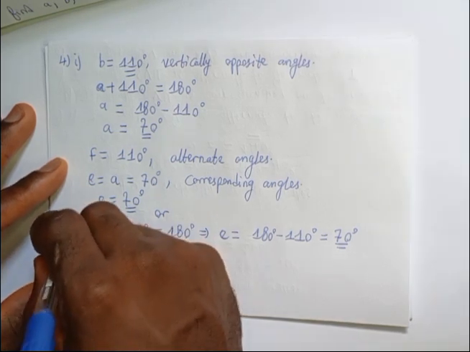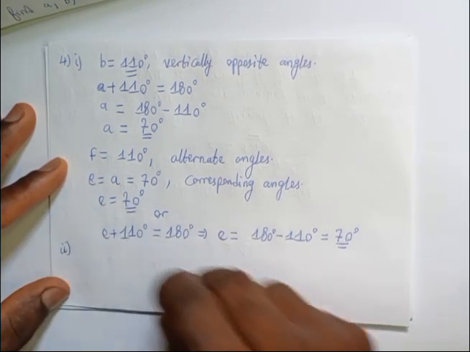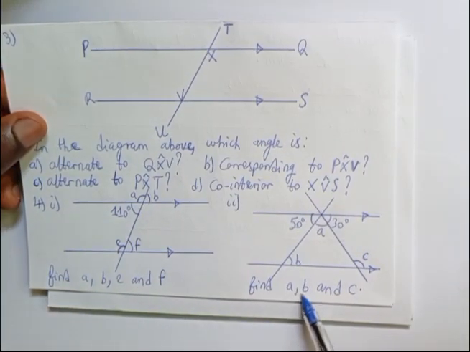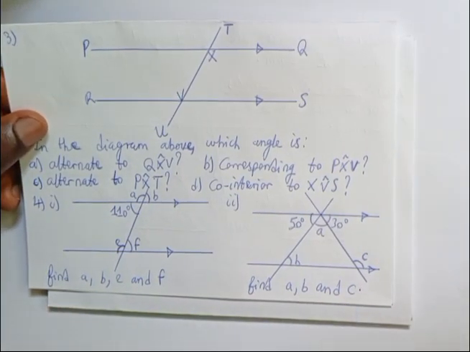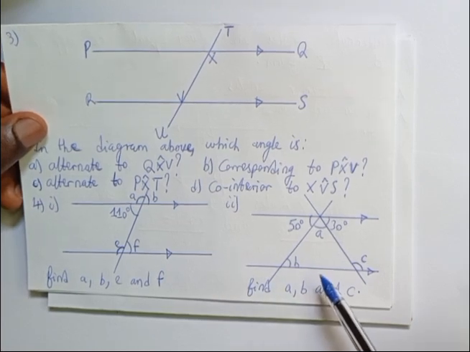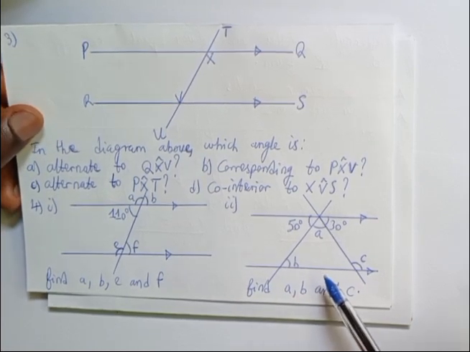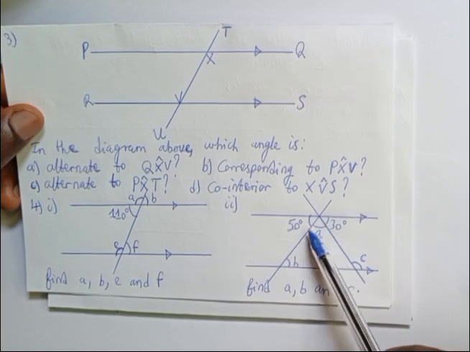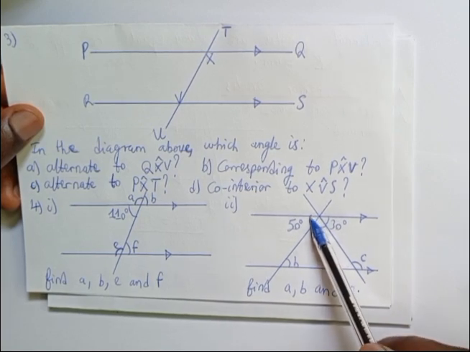We move now to question 2I. For question 2I, we have to find the angles A, B, and C. It's very easy for us to start by finding the angle A. We are going to make use of the fact that angles along a straight line sum up to 180.